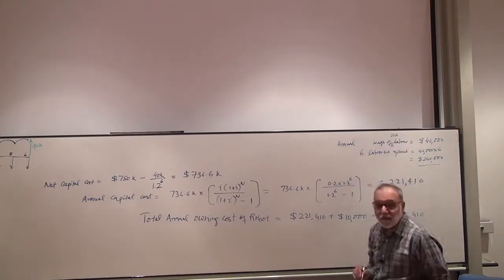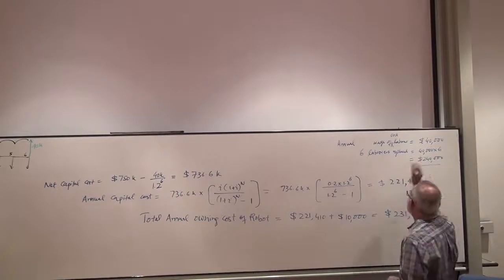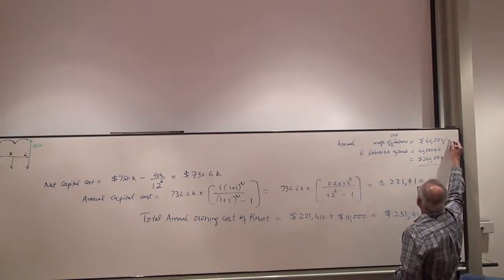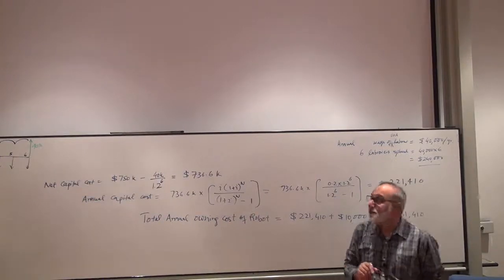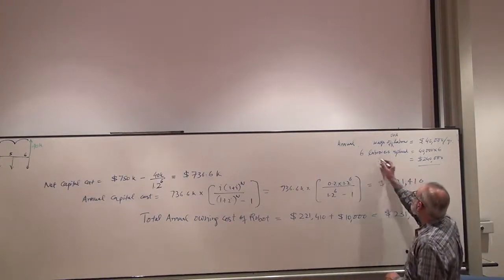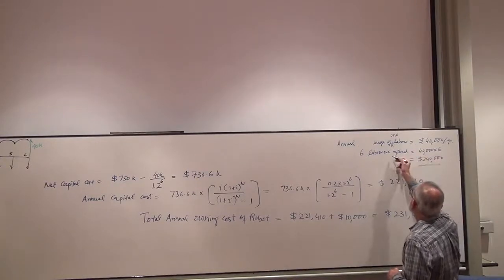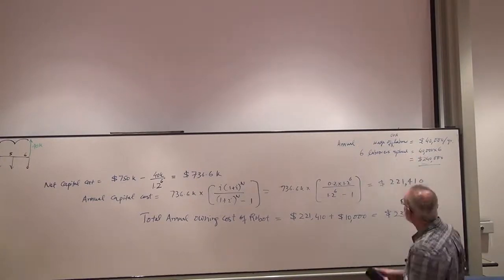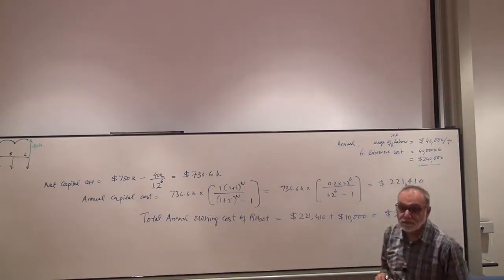Okay, annual wage of one laborer is assuming 40,000, which is per year. And then 6 laborers will cost 240,000.